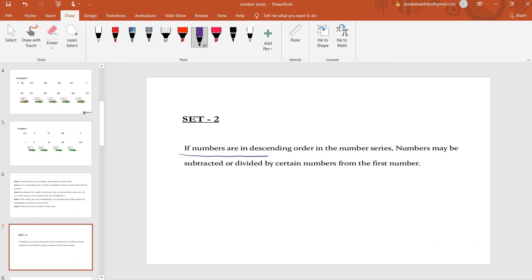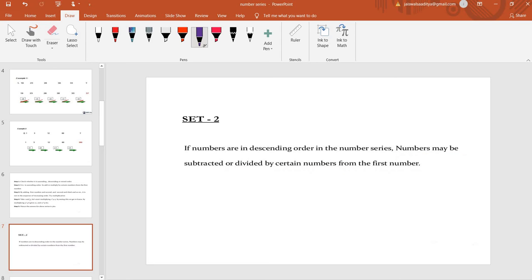If the numbers are in descending order in the number series, we have seen in set 1, 1, 3, 5, 7, 9, and so on, it was in increasing order. Now we will see decreasing order. Numbers may be subtracted or divided by a certain number from the first number.